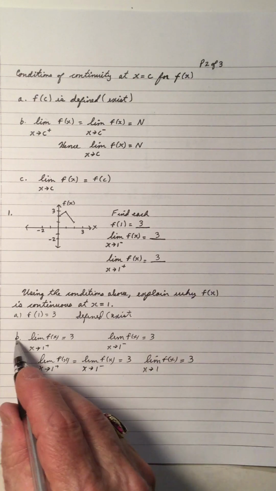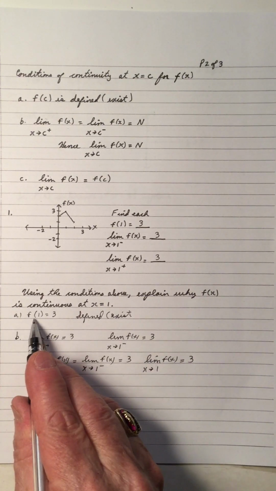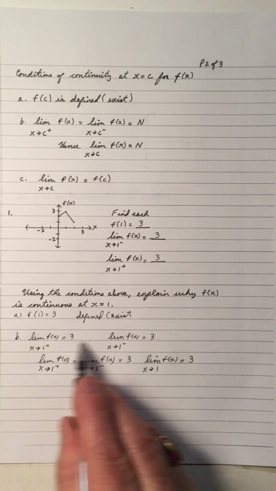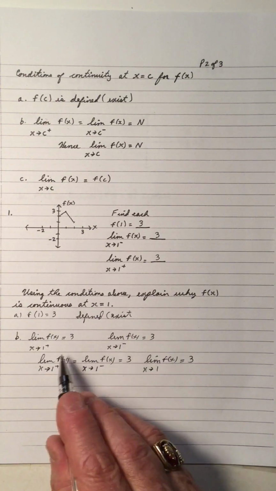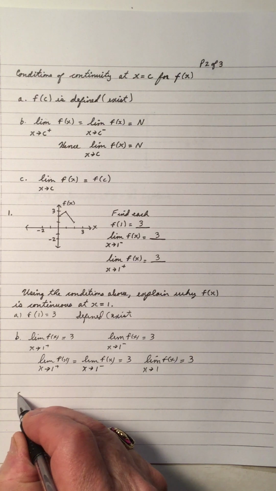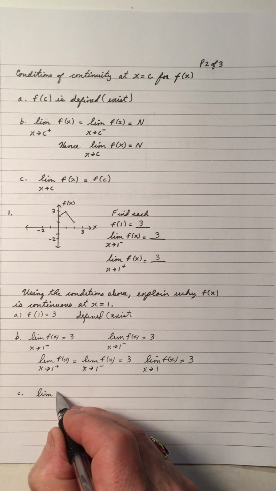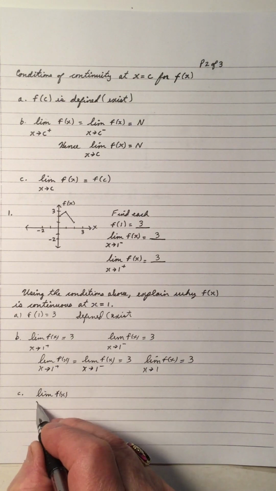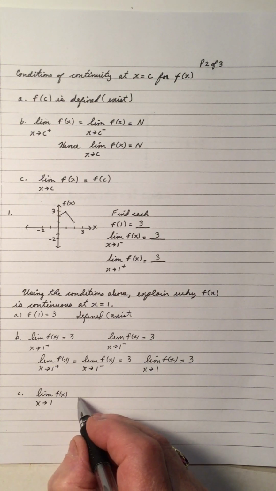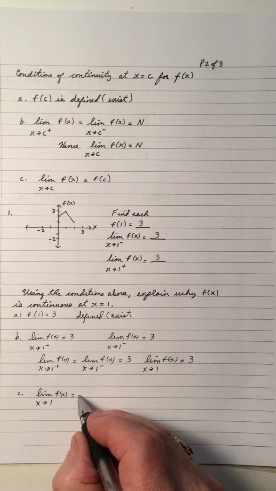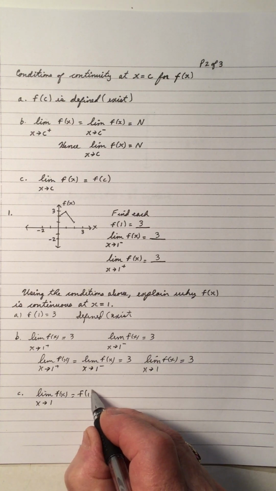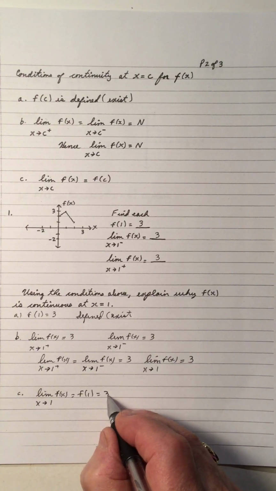So the first condition is true, it's defined. Second condition, the left side and the right side are equal, same limit. And C is that the limit of f of x as x approaches 1 is equal to f of 1, which is equal to 3.